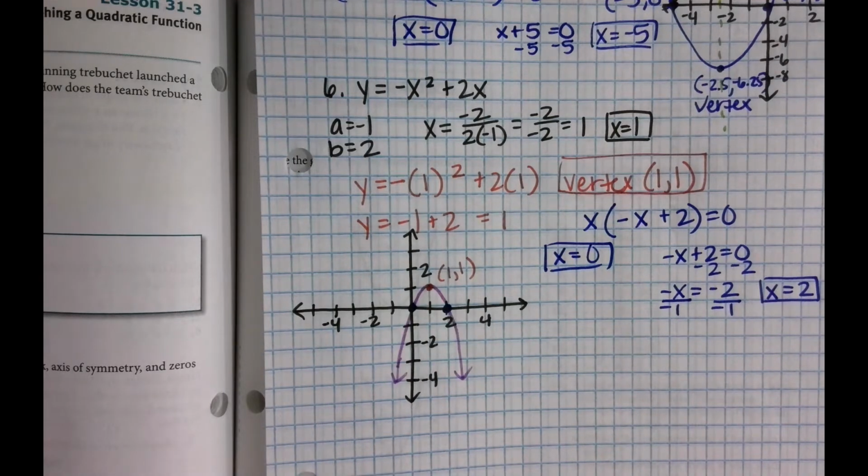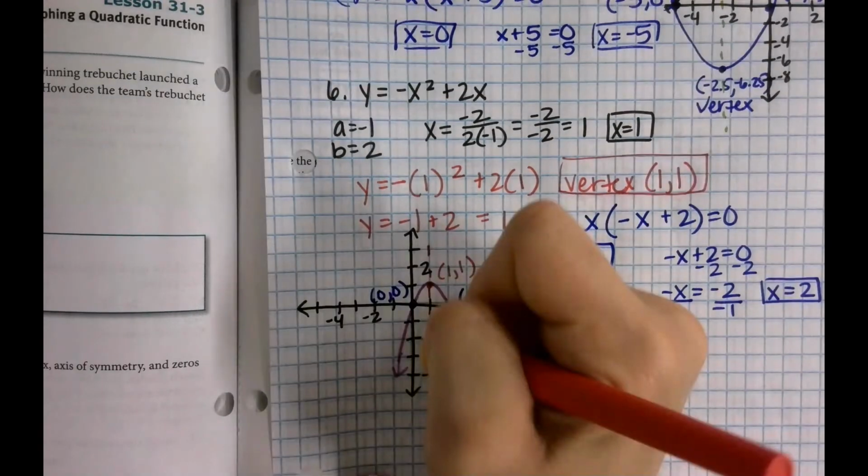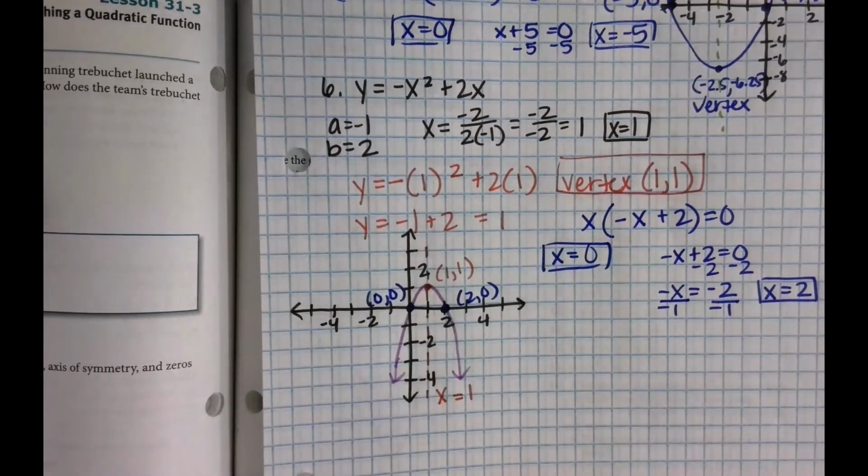All right, and then the x-intercepts are at 2, 0, and 0, 0. And then let's draw that axis of symmetry, and our axis of symmetry is at x equals 1. All right, here is your graph for number 6.